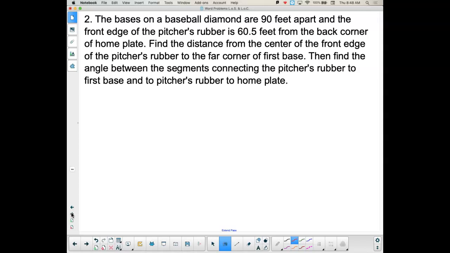Find the distance from the center of the front edge of the pitcher's rubber to the far corner of first base. Then find the angle between the segments connecting the pitcher's rubber to first base and the pitcher's rubber to home plate.